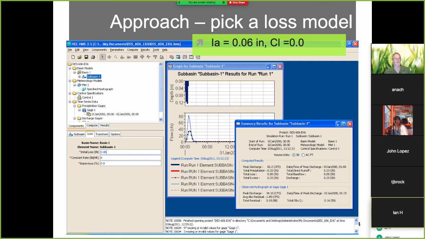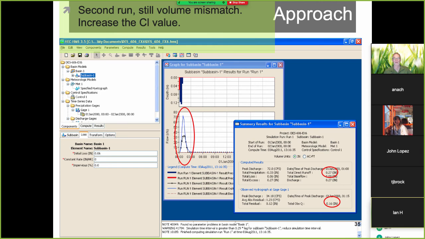So in this case, we're going to incur an initial loss. We're going to take the first 6/100ths of an inch off the rainfall time series and then reapply it. And when we do that, we can see that we're now getting closer. We'll make another change.